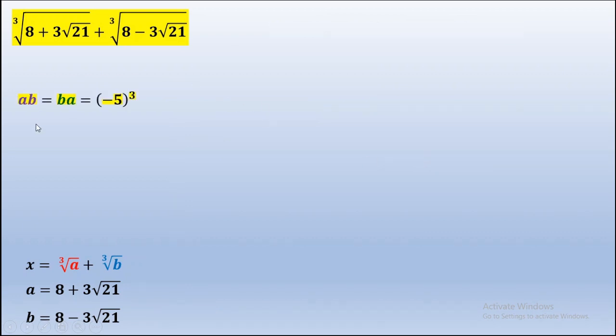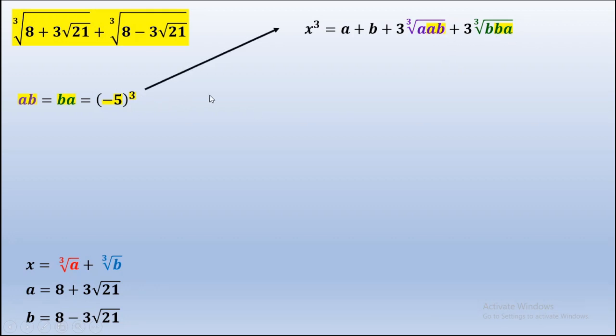Now that equation x cube is equal to a plus b plus 3 times cube root of aab plus 3 times cube root of bba. In this equation we can replace the value of ab or ba with minus 5 whole cube. So instead of ab we are writing minus 5 whole cube, and instead of ba also we are writing minus 5 whole cube.